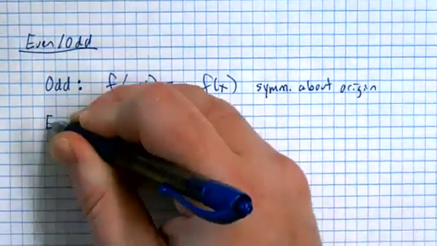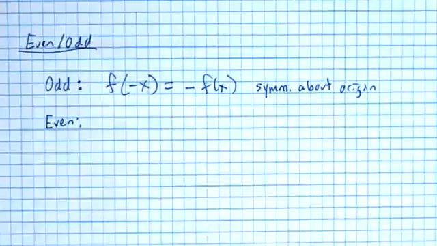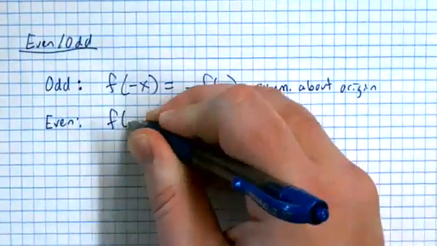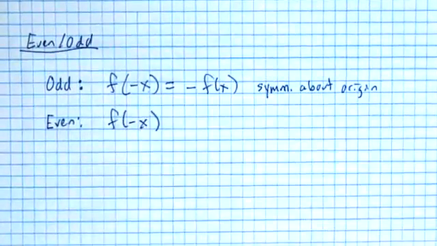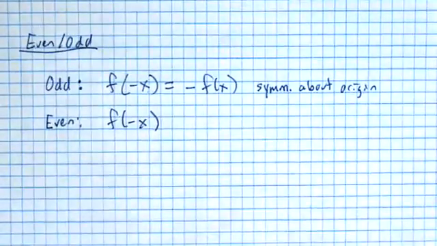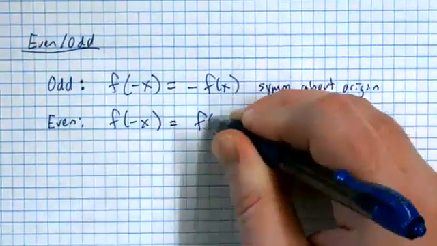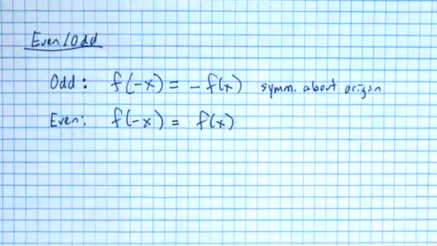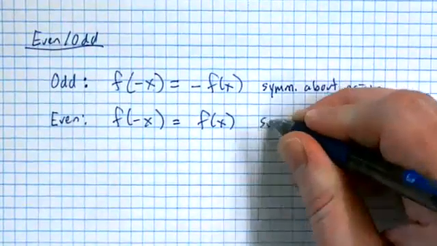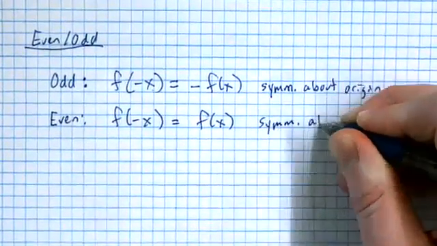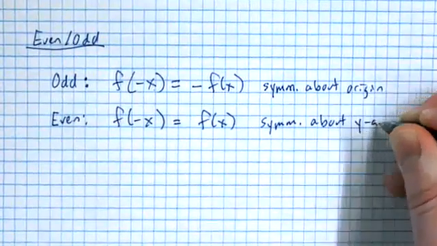If something is even and I take f of the opposite of x, what am I going to get back? We'll get f of x, which means symmetric about the y-axis.